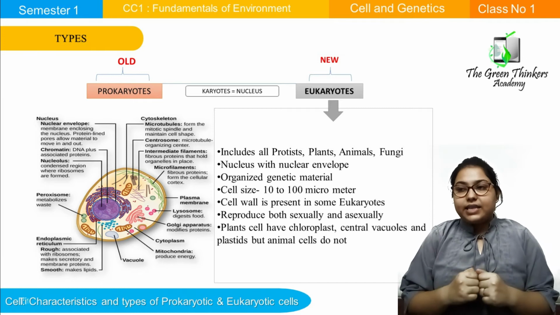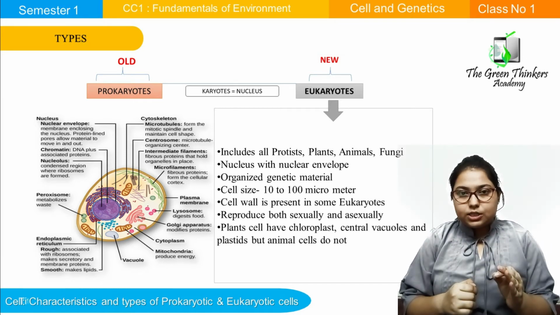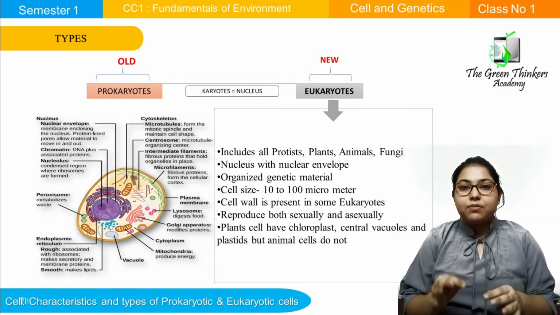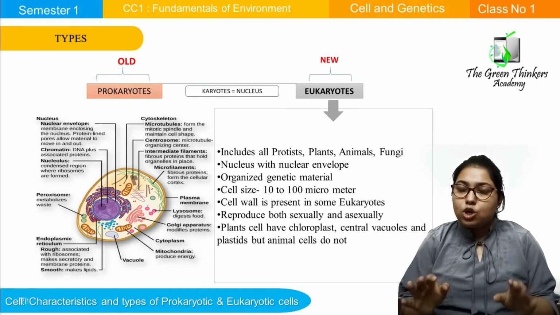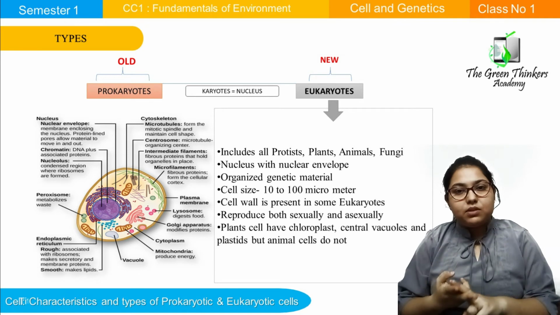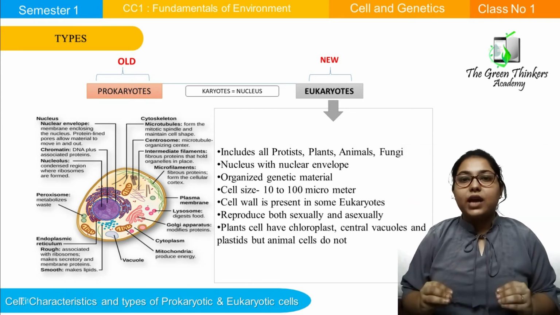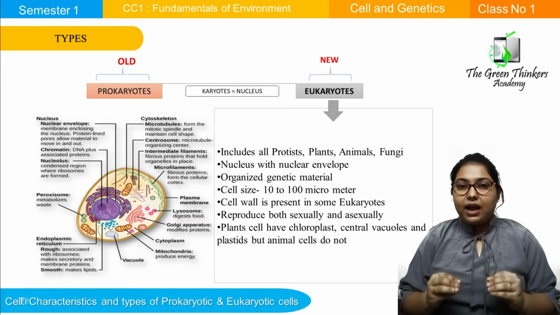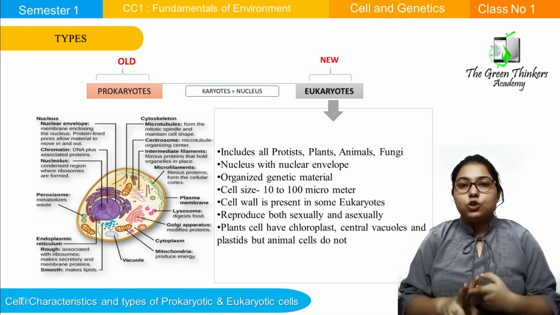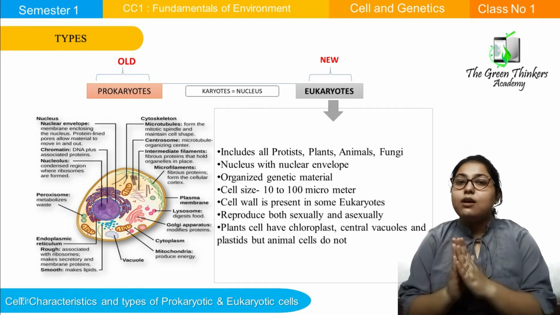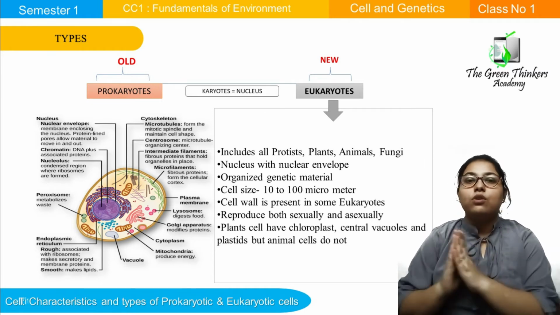Plant cells have chloroplasts, central vacuoles, and plastids, but animal cells do not. Both plant and animal cells fall under the category of eukaryotes. Vacuoles, chloroplasts, and plastids are strictly restricted to plants and do not belong to animals.